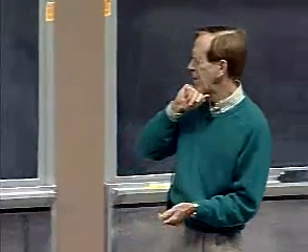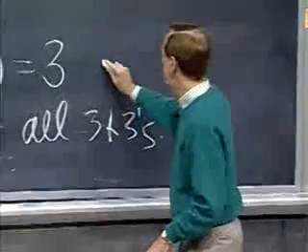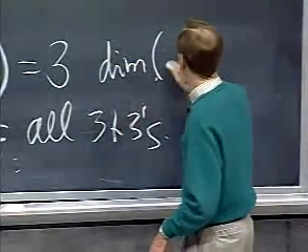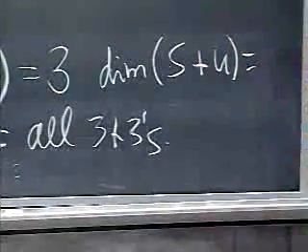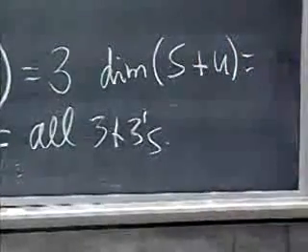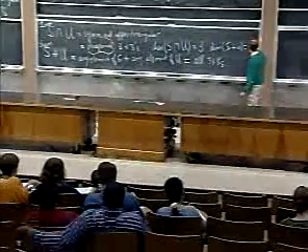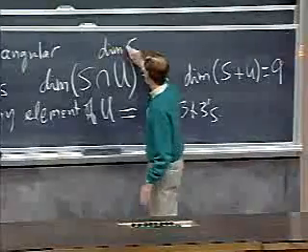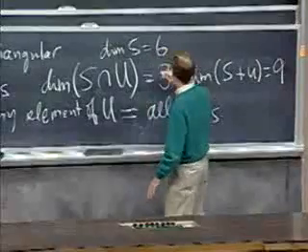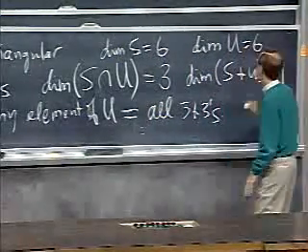And now, let's figure out the dimension. What's the dimension of S plus U in this example? It's 9, because we got all 3 by 3s. The original symmetric space had dimension 6, and the original upper triangular space had dimension 6.